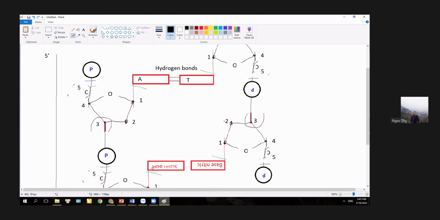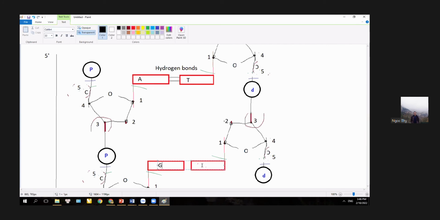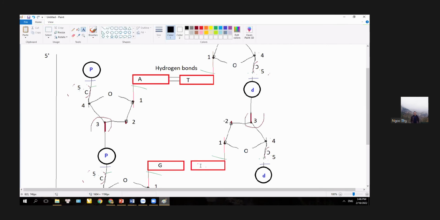And this is the G and C, by three hydrogen bonds.